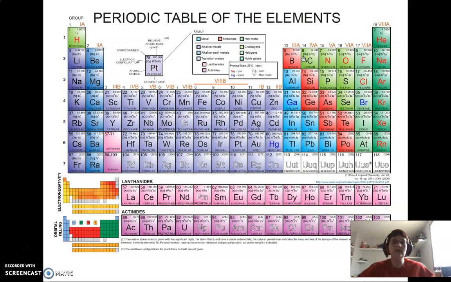Group 3 has 3, 4, and so on until you get down here to group 8. Remember, group 8 are the noble gases, so they're going to have 8 in their outermost level, except helium, because remember, helium is in period 1, that first shell, which can only hold 2 electrons.